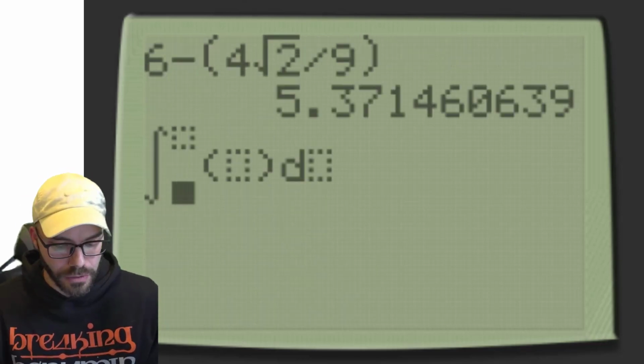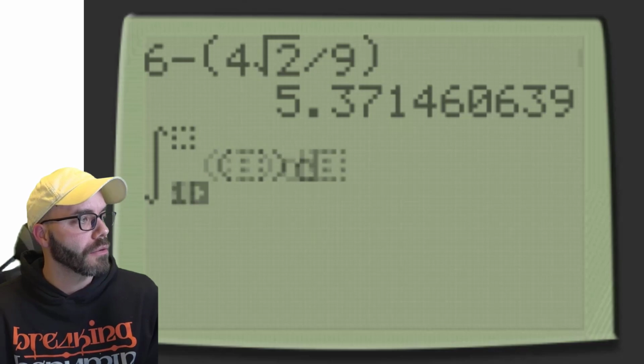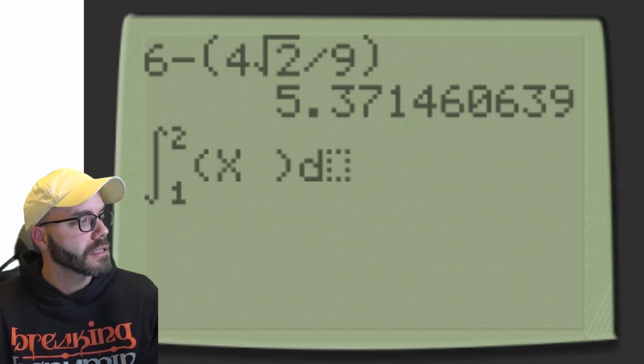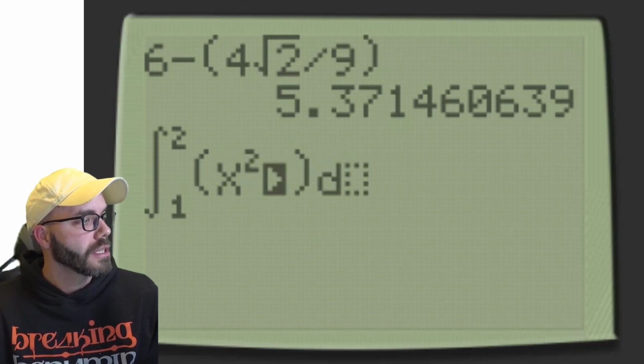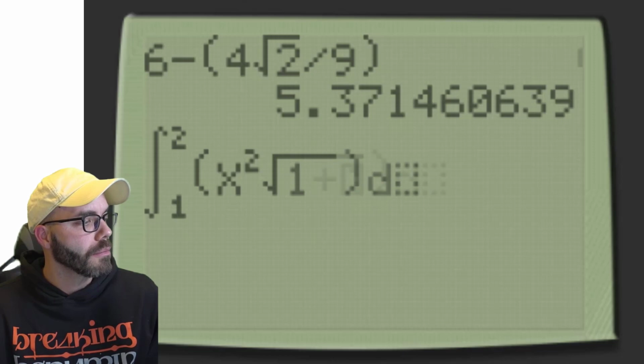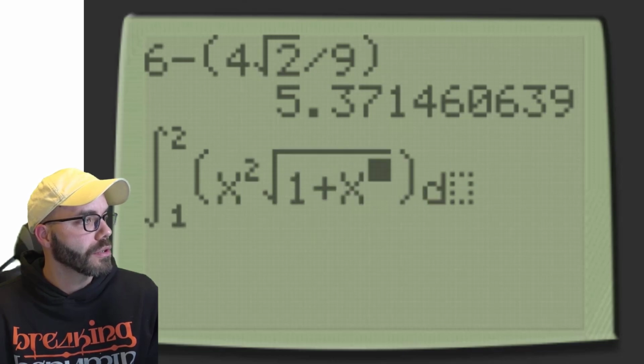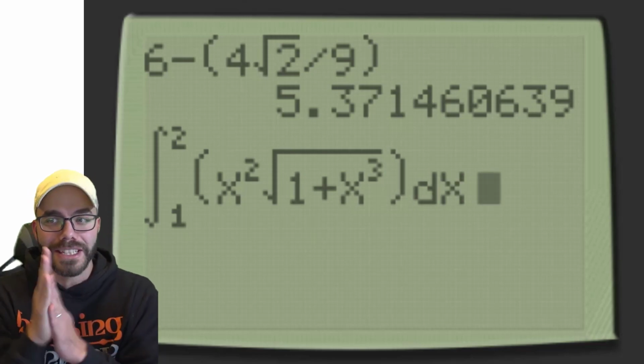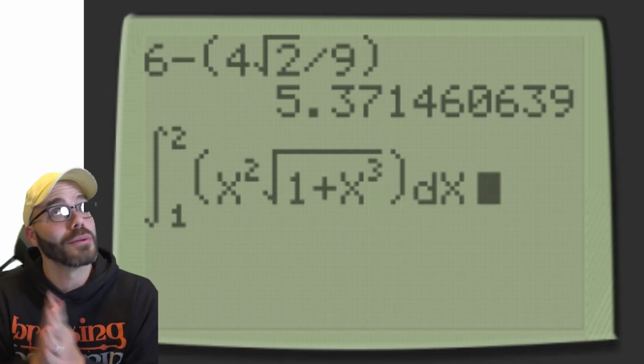Let's go back to the original, which we were integrating from 1 to 2, the function x squared times the square root of 1 plus x to the third with respect to x. All right, before we hit enter, let's hope we got it right.